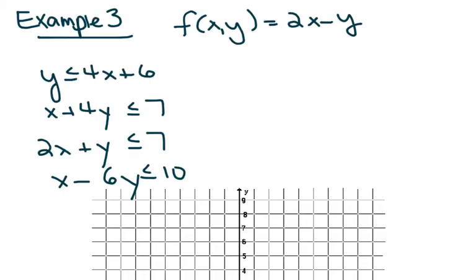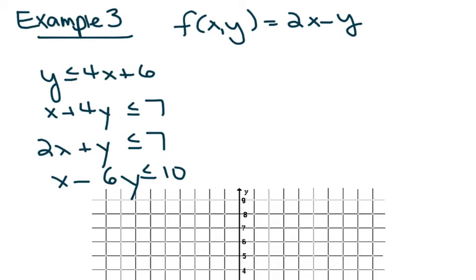The last thing we're going to talk about that's going to lead us into a practical application of systems of linear inequalities is called finding minimums and maximums using a given function. So this equation at the top of the page is pronounced f of x y equals 2x minus y. It's a regular old equation, it's just that we're going to input both an x and a y value. In other words, we're going to graph these 4 inequalities.